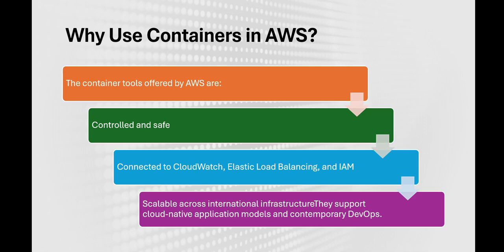AWS provides a complete container ecosystem that is secure, scalable, and integrated with AWS services like IAM for access control, CloudWatch for monitoring, and load balancer for traffic management. It's a great platform for running containerized workloads in the cloud, especially when you need high availability and automation.